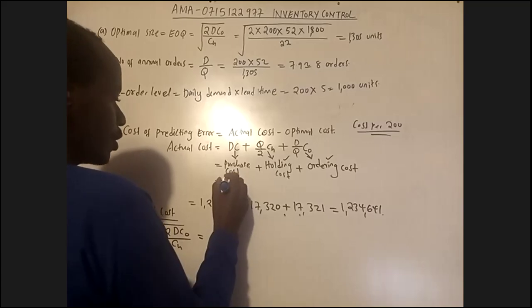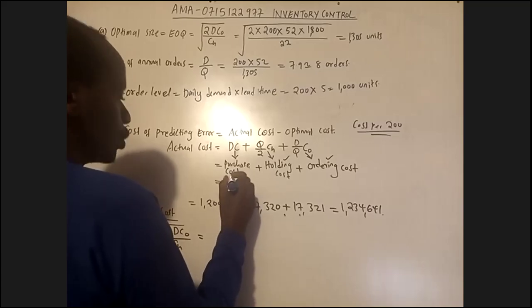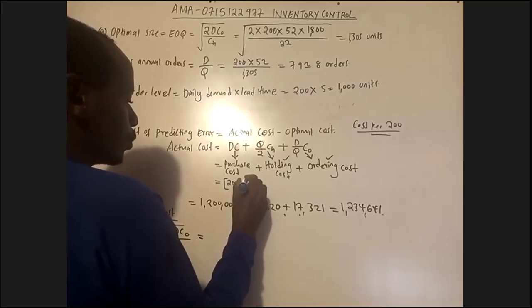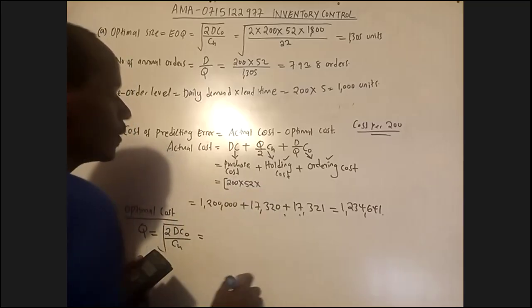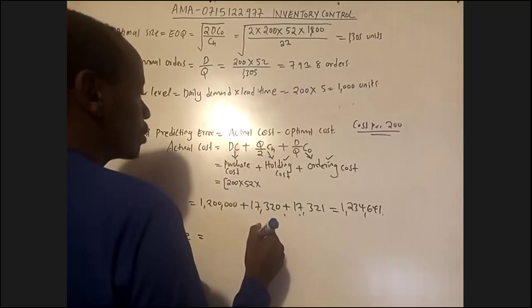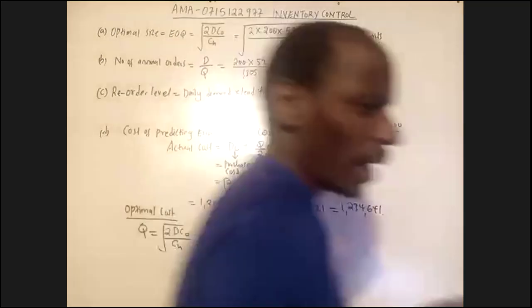It will be demand, which is 200 times 52, times our cost. Now from the question, what was the cost?